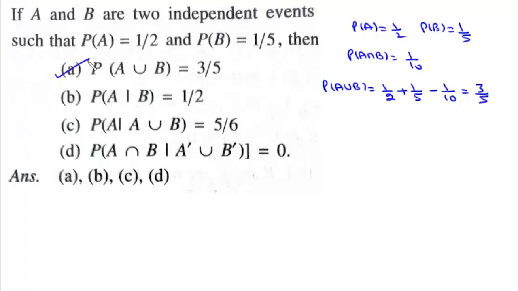Now since A and B are independent, probability of A by B will be simply equal to probability of A, which is 1 by 2. That means option B is also correct.